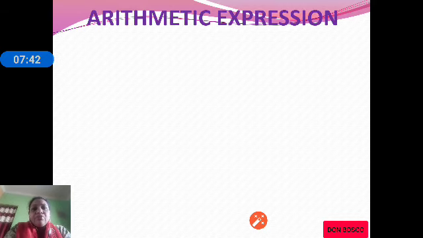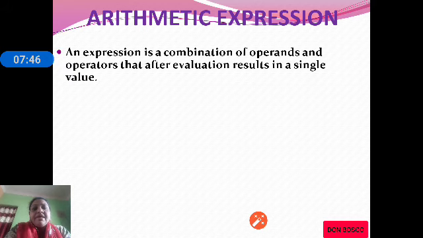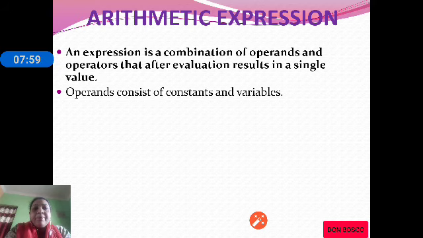Let us check what an arithmetic expression is. An expression is a combination of operands and operators, which when we evaluate, we get a single answer or result. An operand can be a constant or a variable.